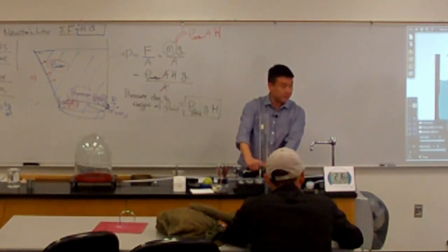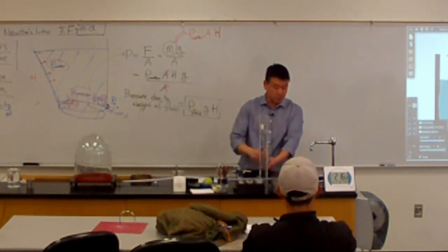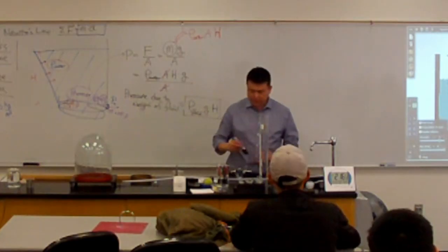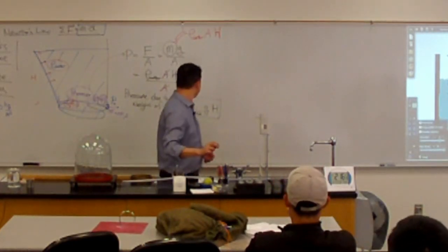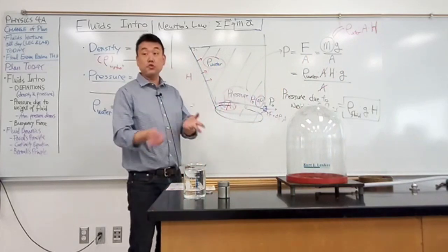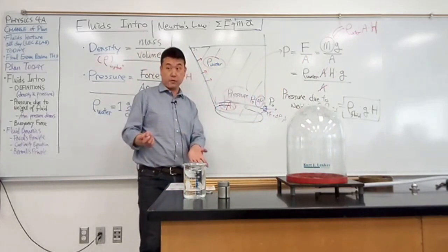At a deeper depth, there's greater pressure, so the water gets pushed out at a faster rate. Now, one thing might be a bit confusing because you're used to dealing with force as a vector quantity, right?